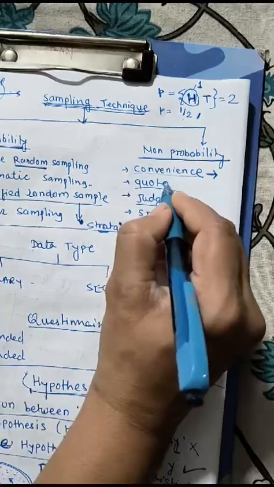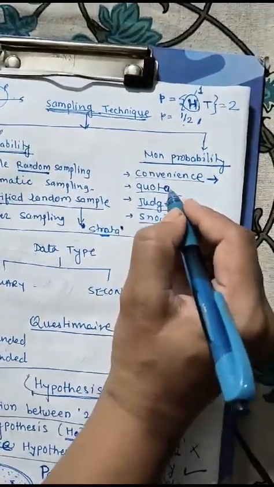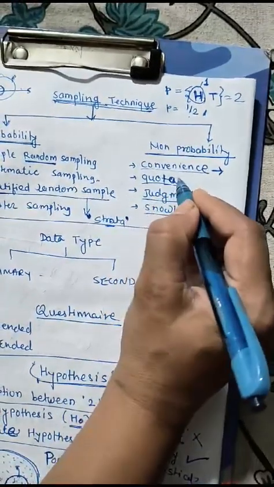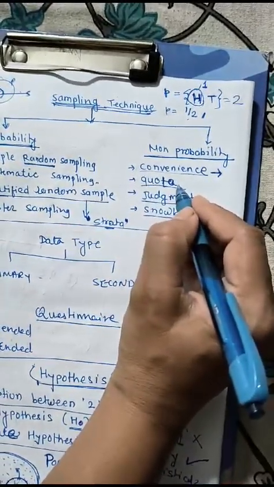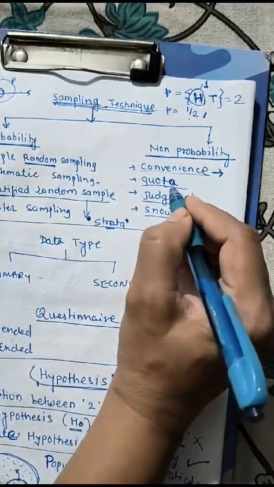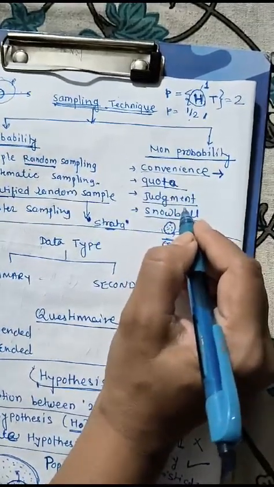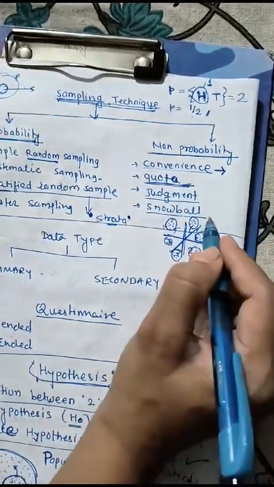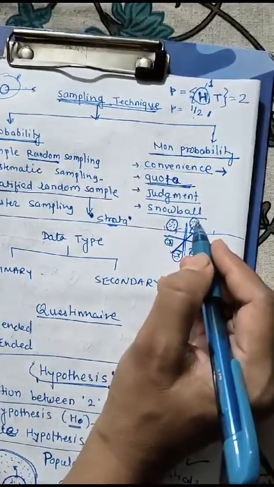If the researcher decides a quota, a percentage of respondents, and data collection is done accordingly for the study, that is quota sampling. If the researcher collects data on the basis of their judgment, that is judgmental sampling.